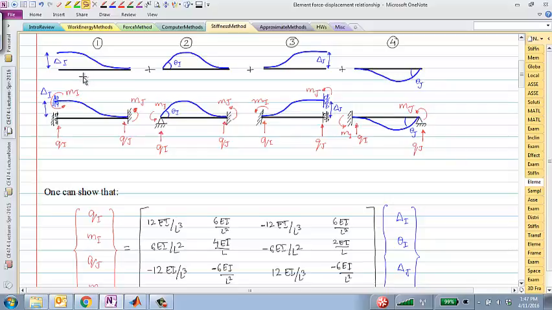Okay, yeah. So all of these four cases are actually indeterminate. They are indeterminate to degree 1, right? So you should be able to use the same sort of logic that we used for case 1, except now the load and the boundary conditions are different.